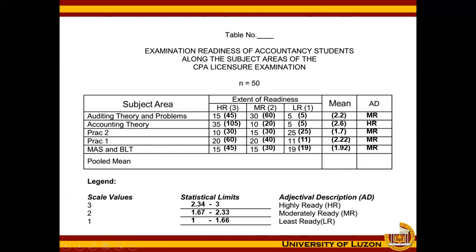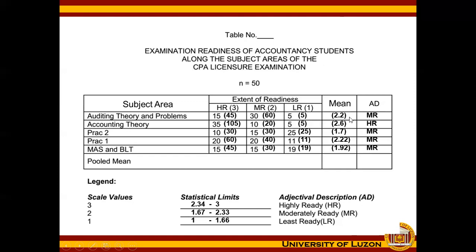So that is how we compute the mean. And on the last column, we check which of the three is represented by the computed mean.